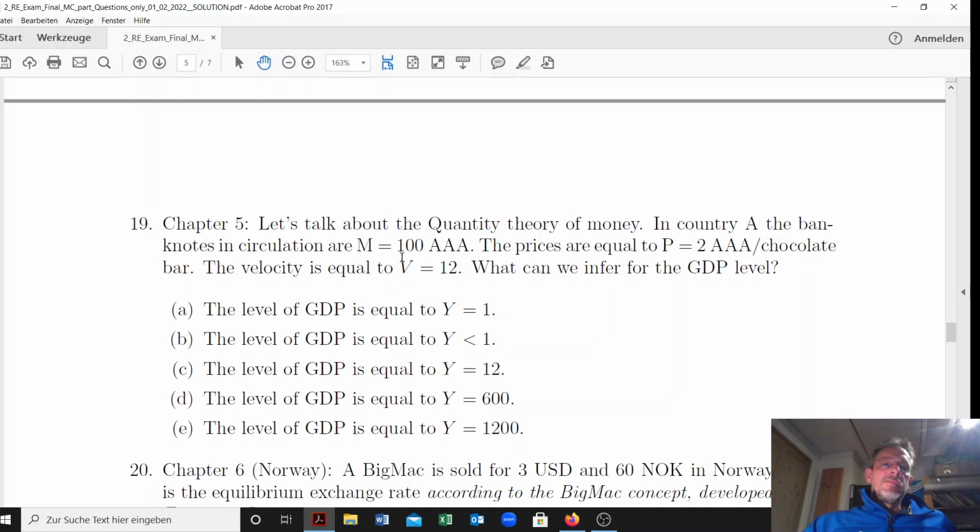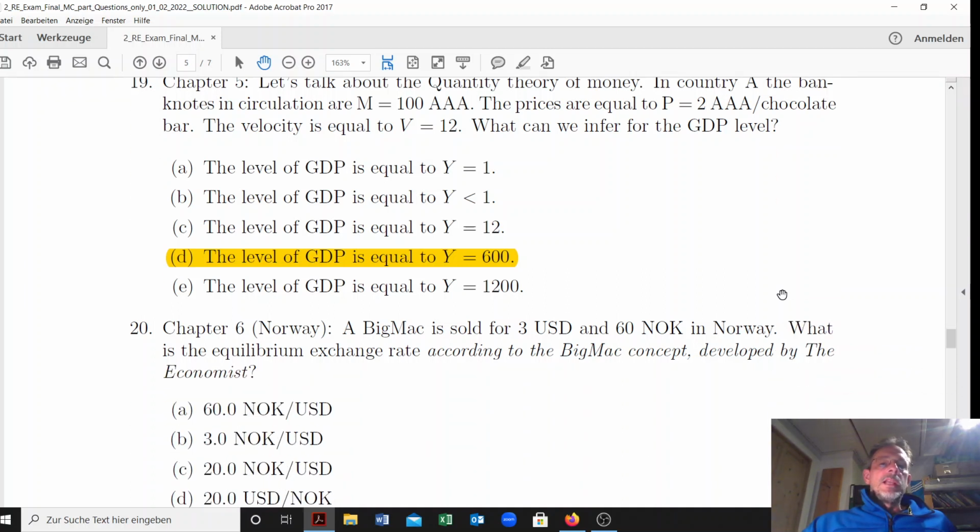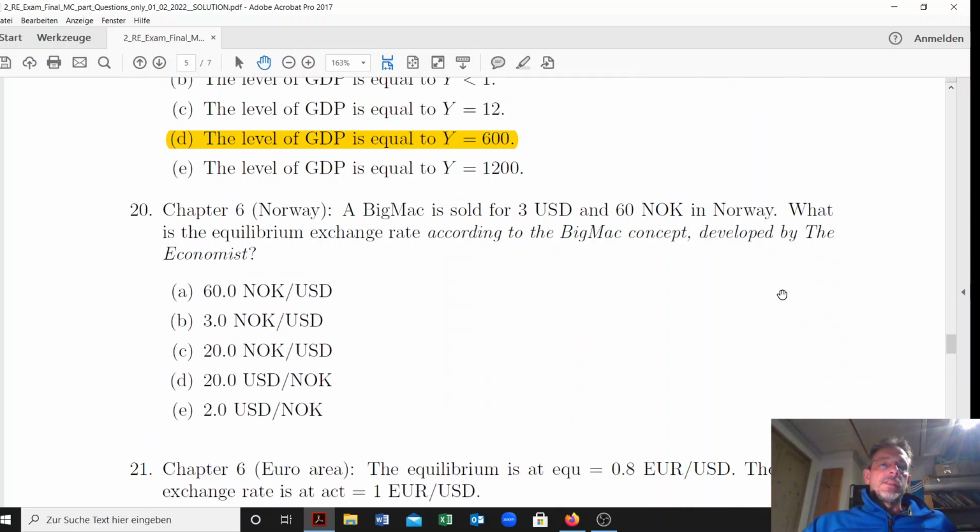So M times V is equal to 100 times 12, that's equal to 1,200. And when we divide by the goods prices, then we can infer the Y variable, the level of GDP. In our numerical example, it is 1,200 divided by 2. So the GDP level is equal to 600 units.